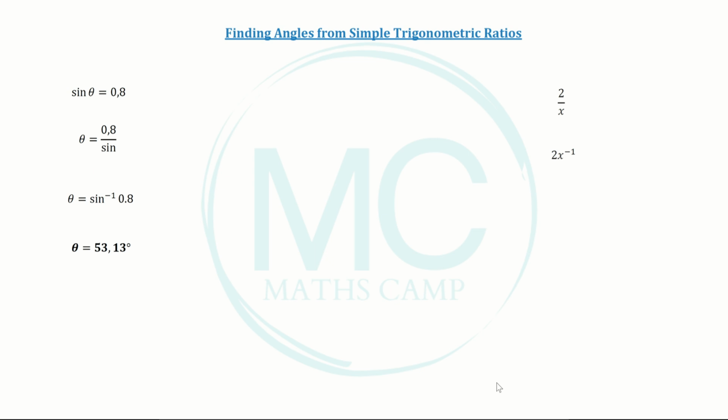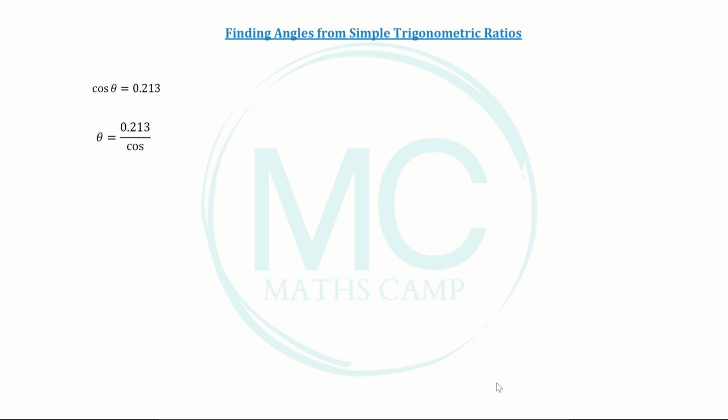And we find theta for cos and tan ratios in exactly the same way. So let's look at some examples. Cos theta is equal to 0,213. Let's get theta by itself by dividing both sides by cos. On the left, we now have theta is equal to 0,213 divided by cos.